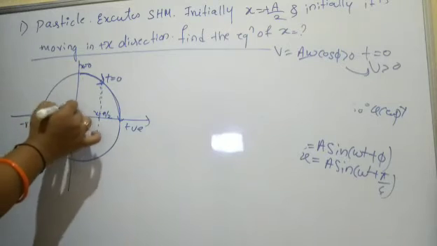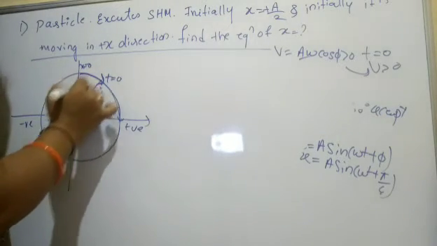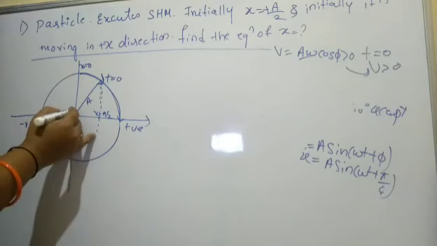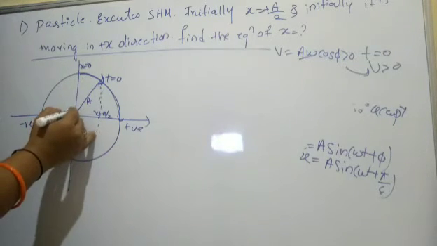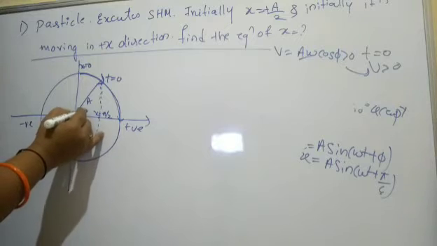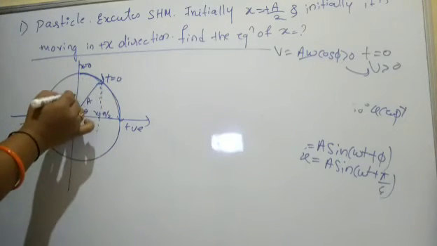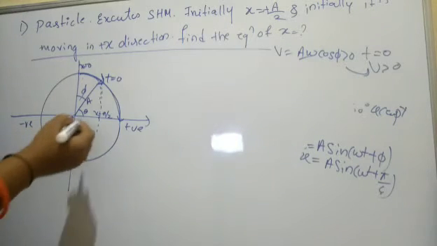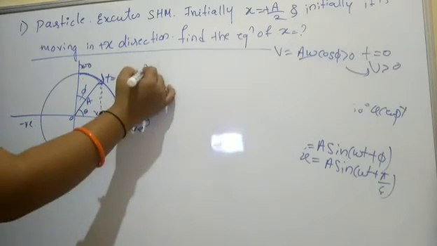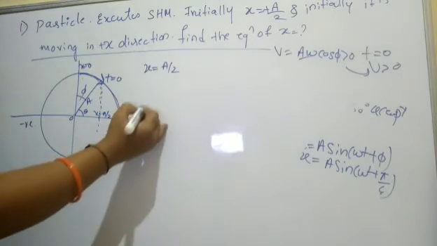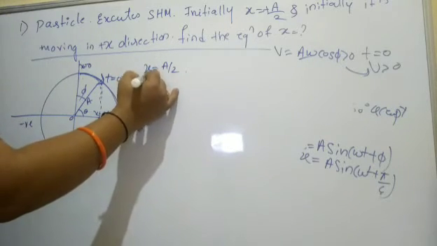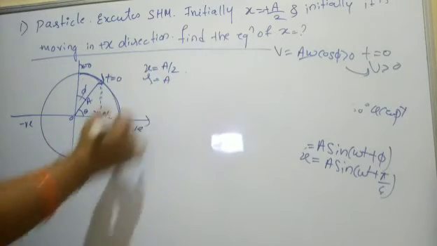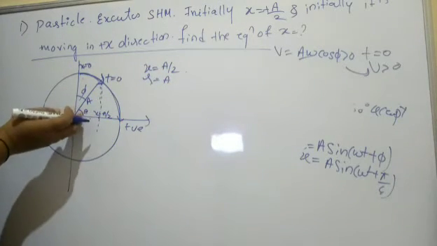Let's take the projection here. So this is a, the radius we have taken as a only. Now with the form here, theta. So this is theta, this is the initial phase phi here. Look at here, x is equal to a by 2, amplitude a, radius is a. Now theta is there here.